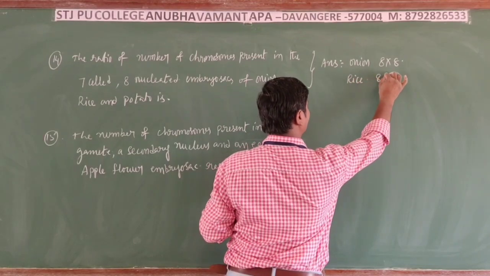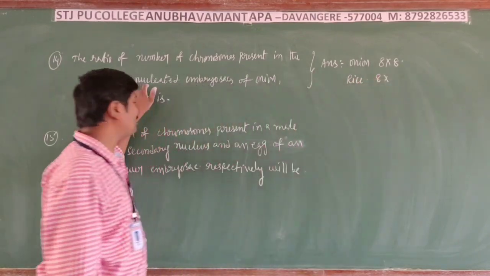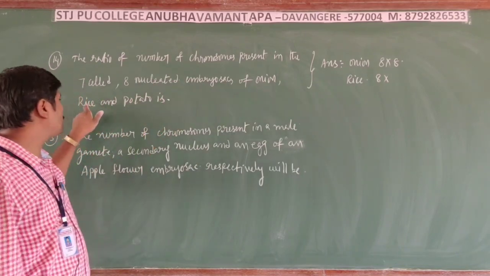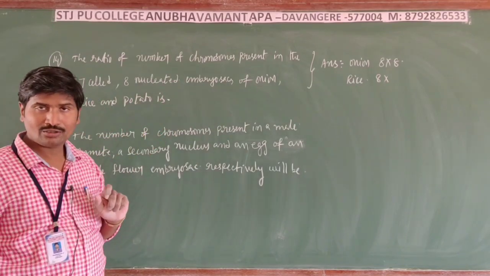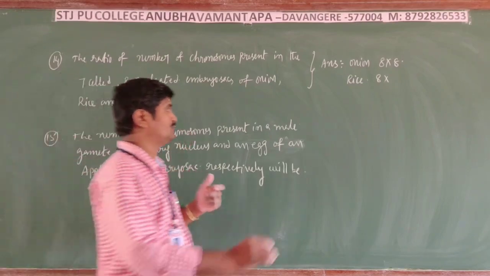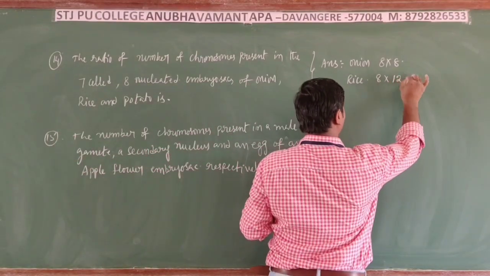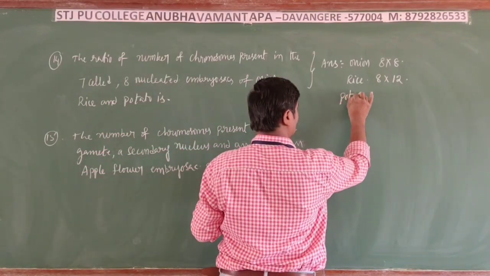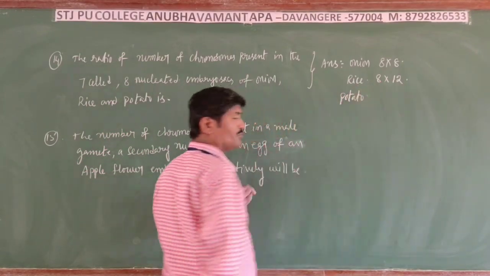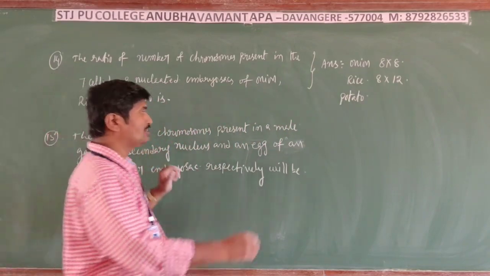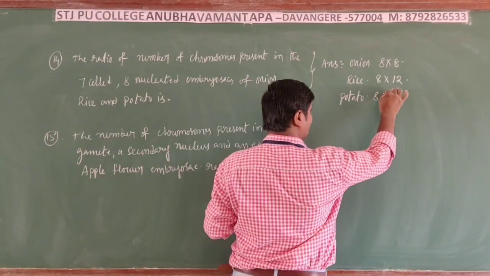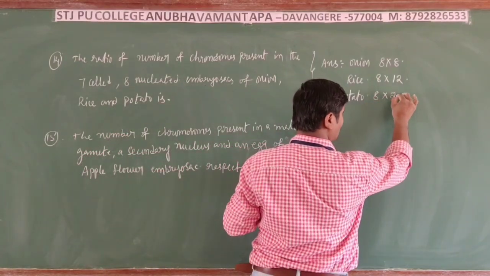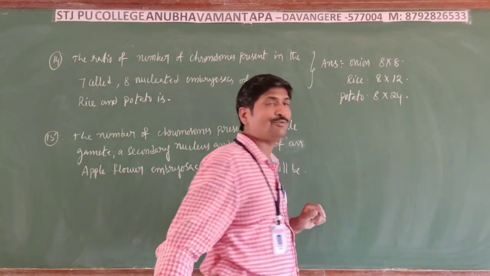Total number of haploid nucleus is 8. What is the haploid chromosome number in rice? 24 is diploid, 12 is haploid. What about potato? 48 diploid number, 8 nucleated embryo sac, and haploid number is total 24.